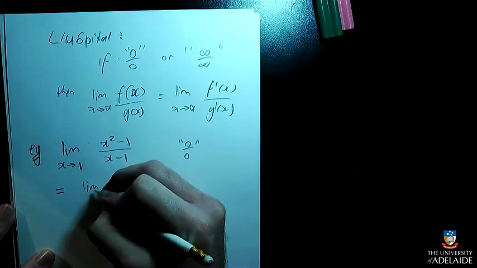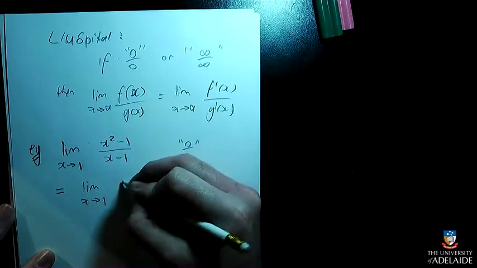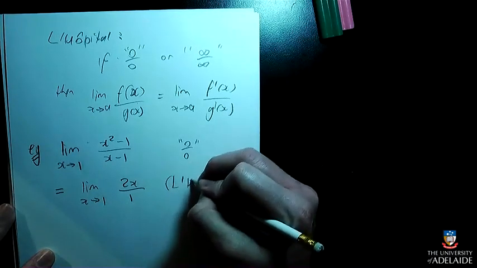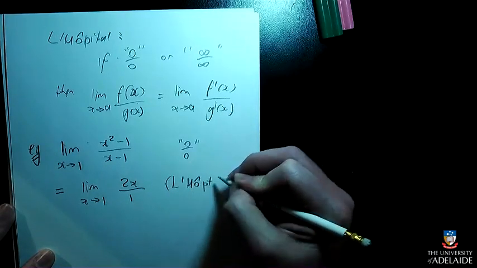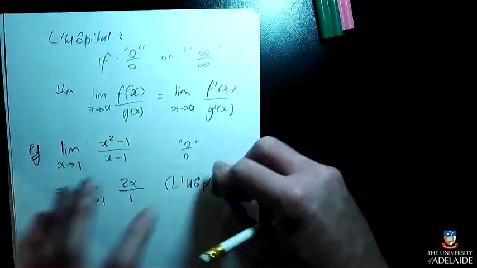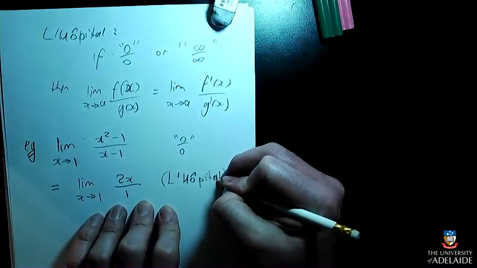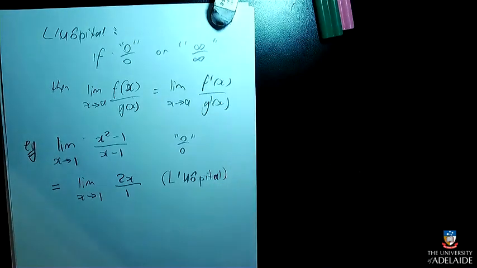So this is going to be the same as what I do when I do the derivatives. And whenever you do L'Hopital's rule, you need to tell the reader that that's what you did, because doing derivatives all of a sudden is a weird thing to do. So when you say L'Hopital, that's saying, oh, they did derivatives, right, gotcha.